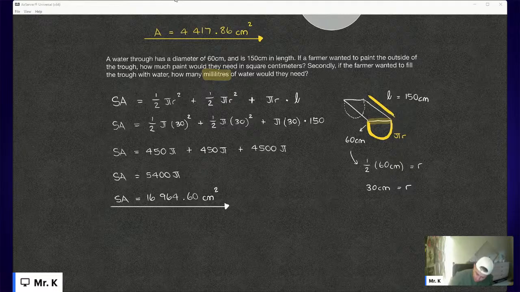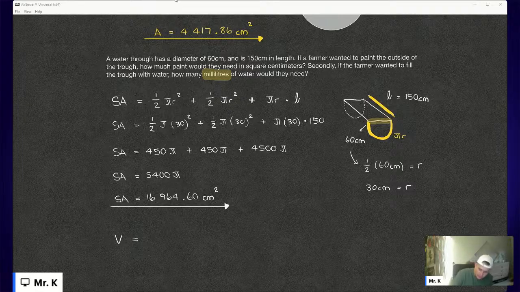So if I'm thinking in the context of volume, it means that I'm looking for half the volume of a cylinder, right? This is simply half a cylinder. And it asked if you wanted to fill the trough, not partially fill, right? Completely fill up the trough. How many milliliters of water would they need?